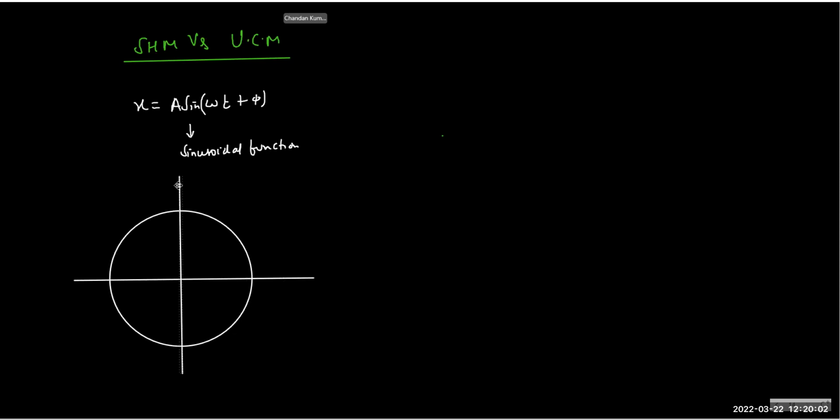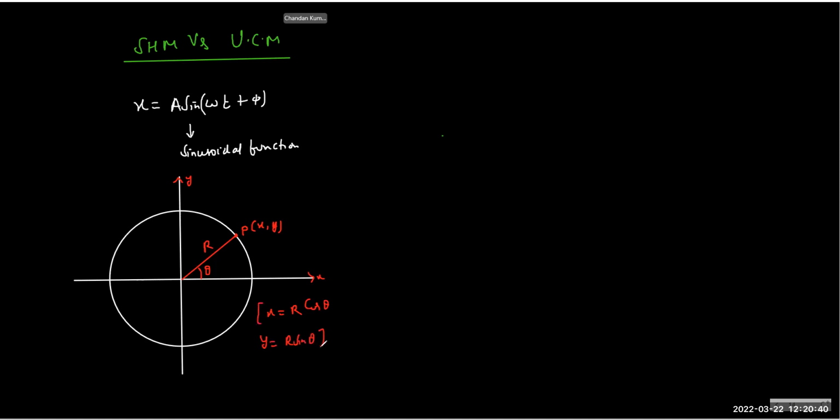If we take the center of the circle as the origin, and if you choose some random point P on the circle, and if you join this point with the center, and if you take this angle as theta, and call the coordinates x and y, then from mathematics we know that the value of x is r cos theta, where r is the radius, and y is r sin theta.